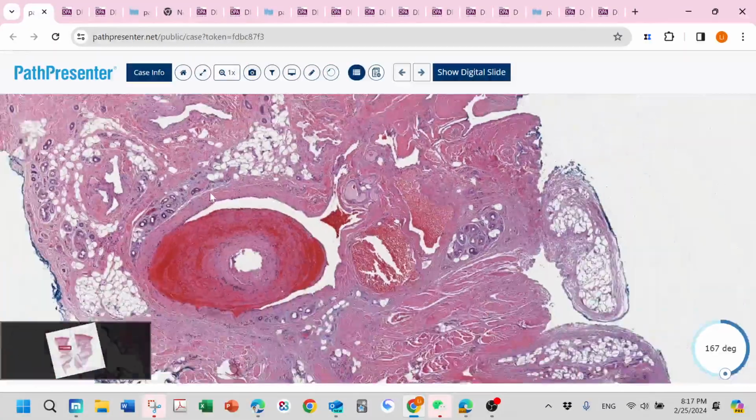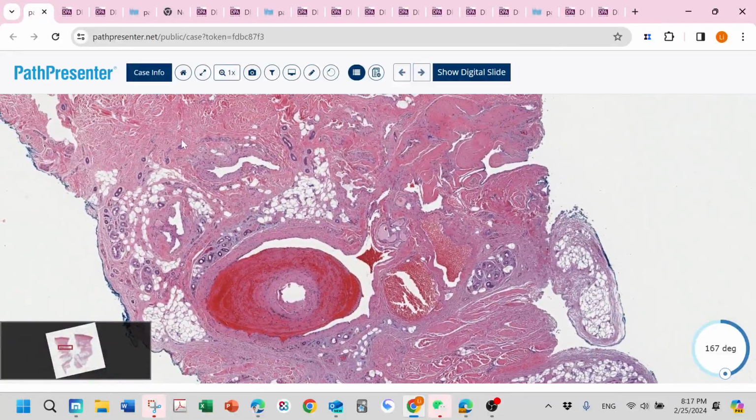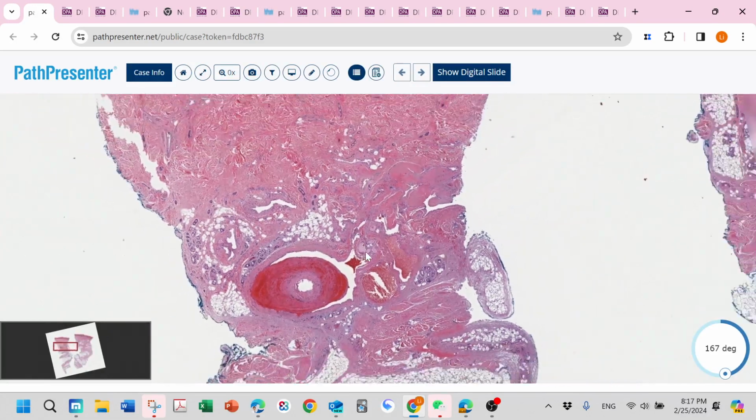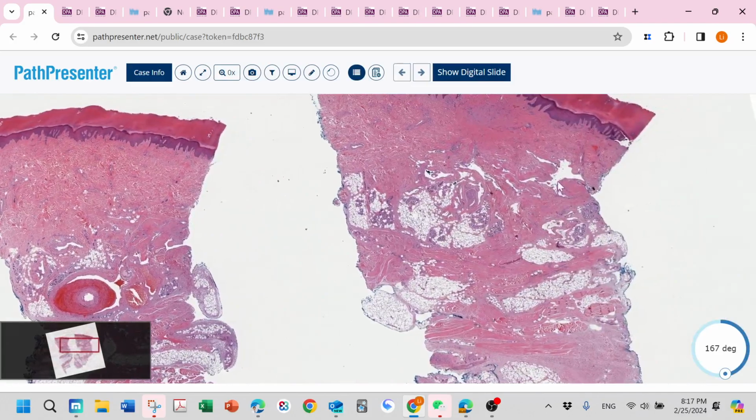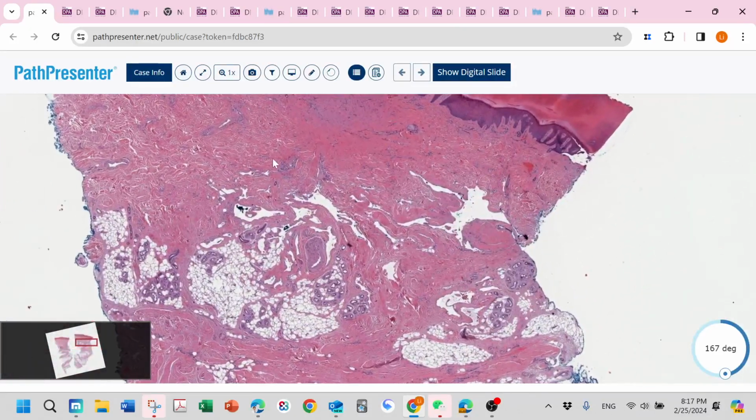They do not have an infiltrative border. They just push around the surrounding tissue or even merge into the normal tissue. You can see fat, subcutaneous fat, eccrine gland, and small vessels around. So this is cavernous hemangioma.